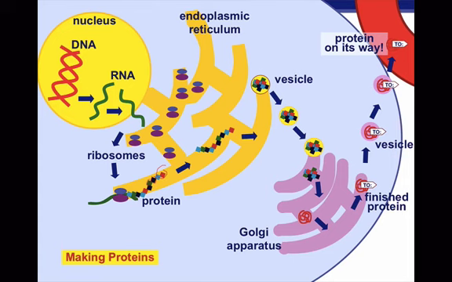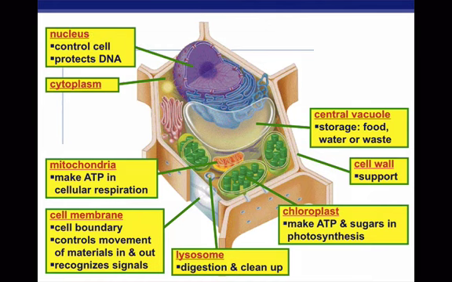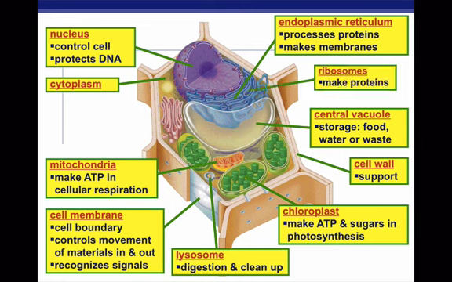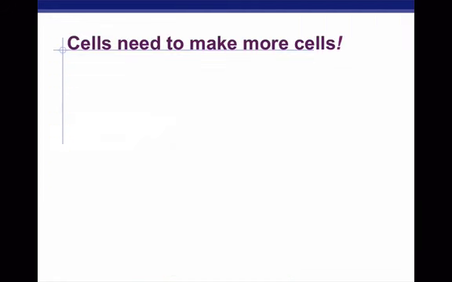The protein's on its way. Here's another chart, and if you want to pause this, you can and look at it a little bit more closely. This just goes over exactly what we just went over. So we talked about the nucleus, the endoplasmic reticulum, ribosomes, and the Golgi apparatus.